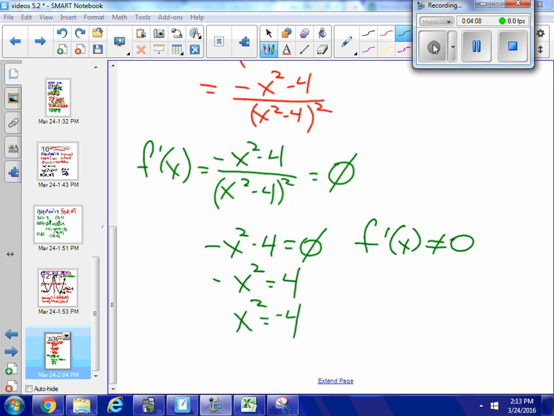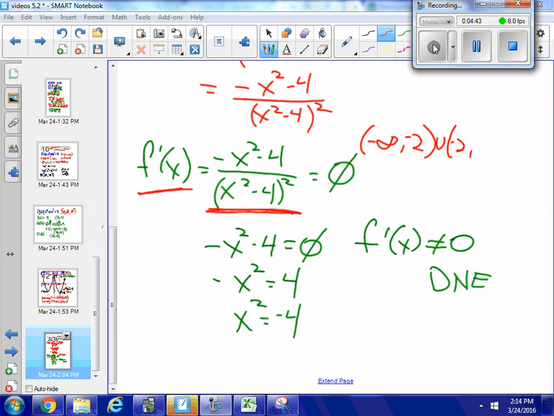Now, do I have any other critical points where f prime of x does not exist? Well, I can look at the function f prime of x, and I have a denominator here, and I know that the domain of this f prime of x is going to give me the same domain as the function overall, which is -infinity to -2, union -2 to 2, union 2 to infinity.